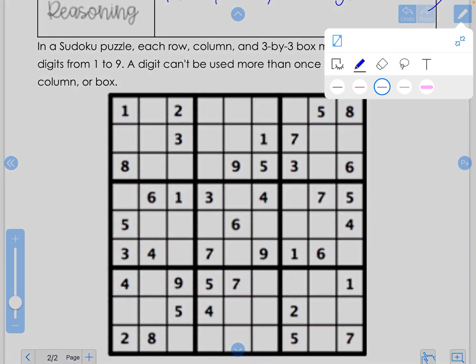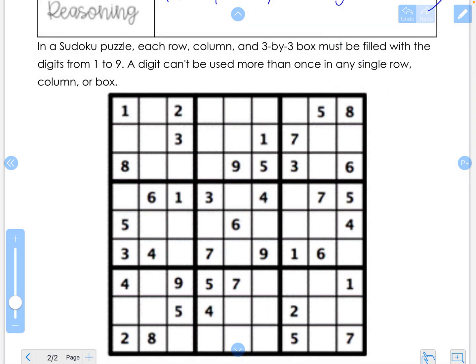In Sudoku puzzles, we have a few set rules. We know that each row must have 1 through 9. We know that each column must have 1 through 9, and we know that each box must have the numbers 1 through 9, and we cannot use a number twice. And so we have to use these rules and use our deductive reasoning to find the right way to arrange the numbers in the Sudoku.